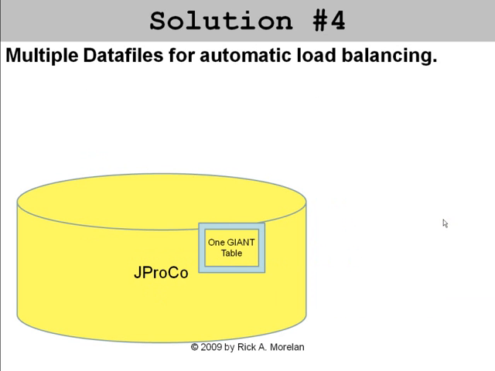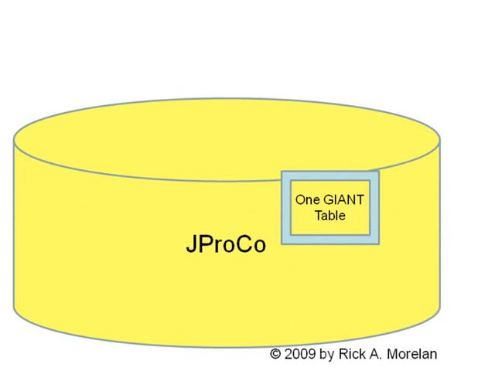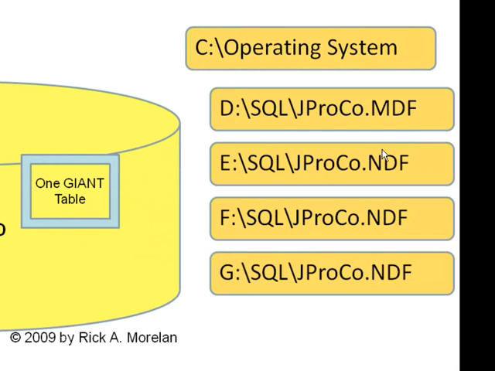Now, how about multiple data files for automatic load balancing? Now, that's great if you got a bunch of tables and you split them up, but what if 99% of your activity is in this one giant transaction table? And that table would overwhelm the throughput of any given drive you have.